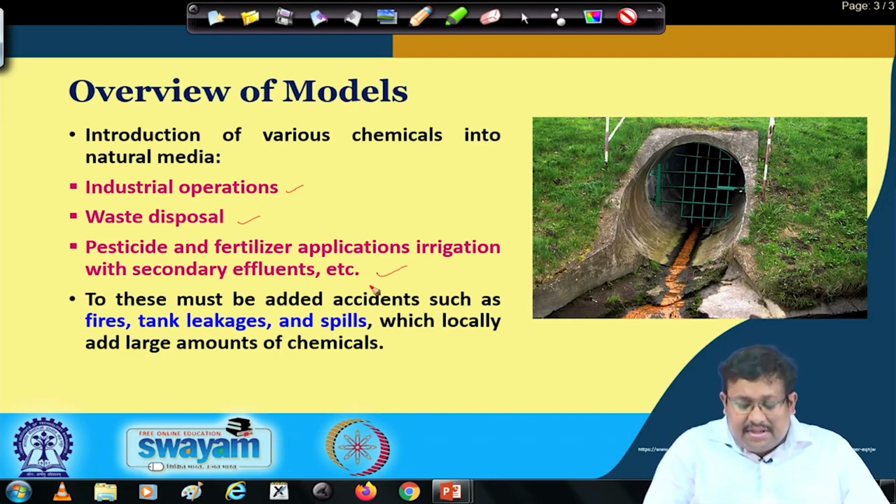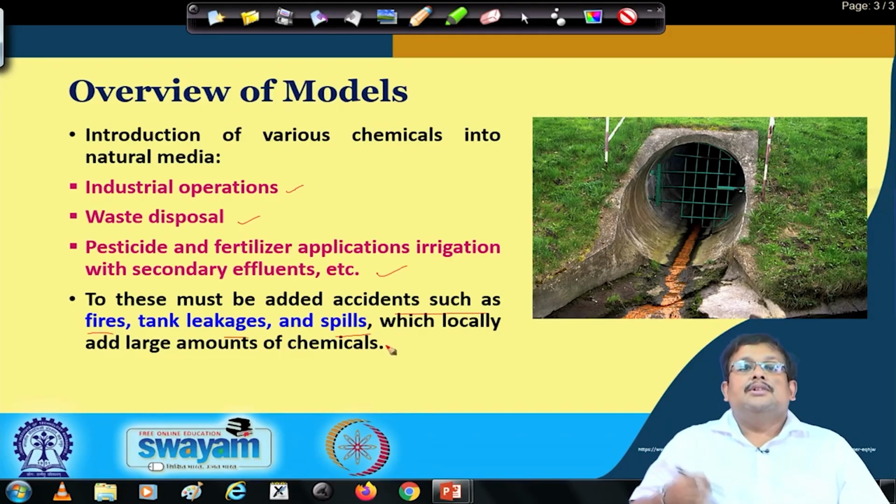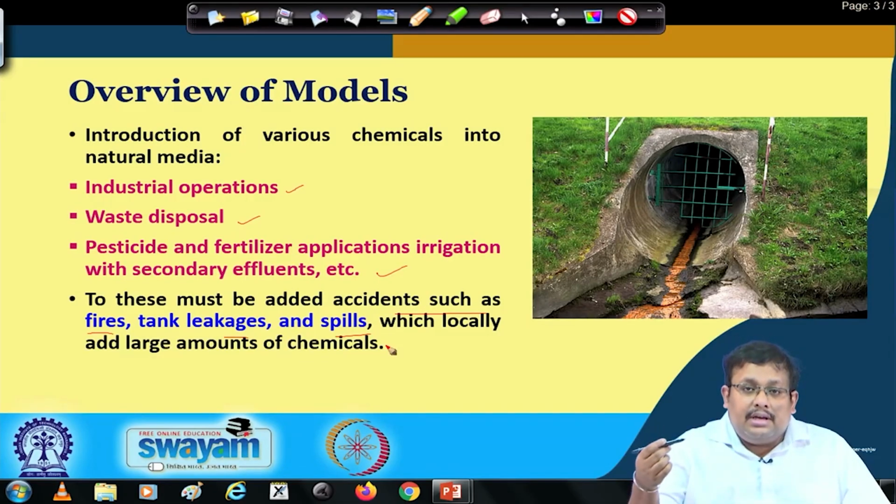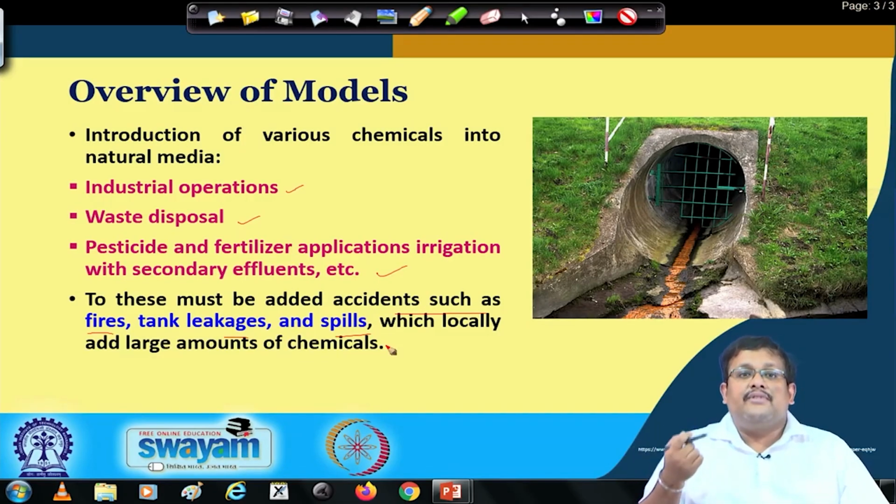So, these are the ways through which various chemicals can be added into the soil. However, there are also accidents like fires, tank leakage and spills.